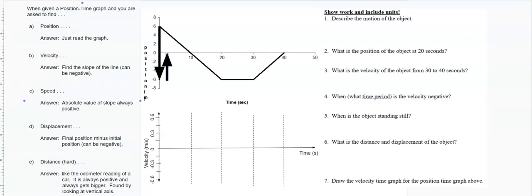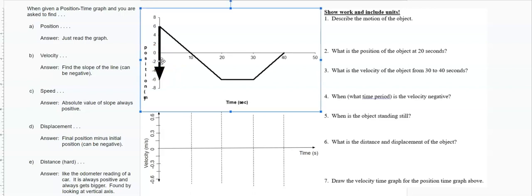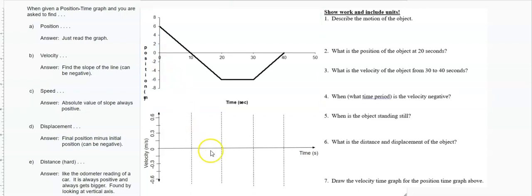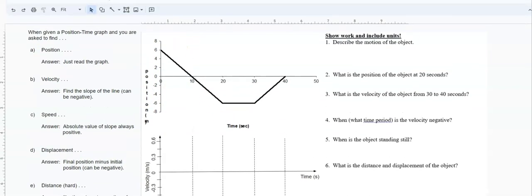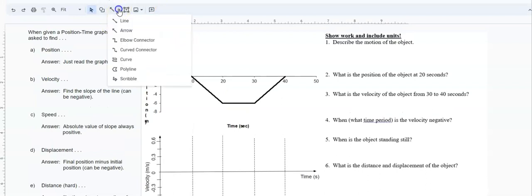All right. Draw the velocity time graph. Well, that's just looking at the, oops, let me get rid of that. So I want to find the slopes. So the slope of this first section would be down 12, so it's -12 divided by 20. And I believe that is -0.6. Okay, so -0.6.